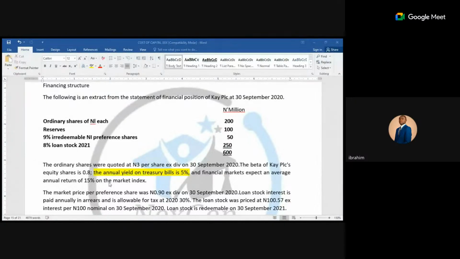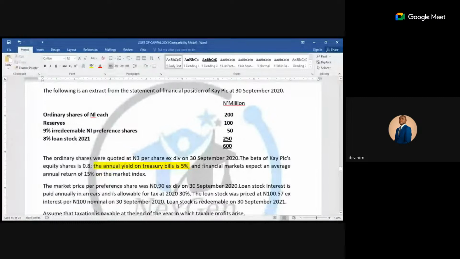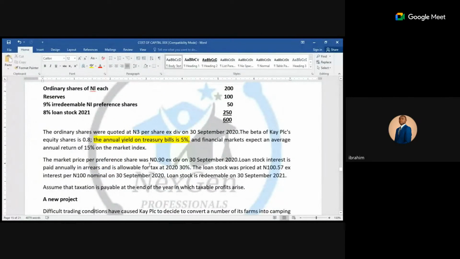You're not given any of that information. So since you are not given it, you should know that yes, you have to use the capital asset pricing model.